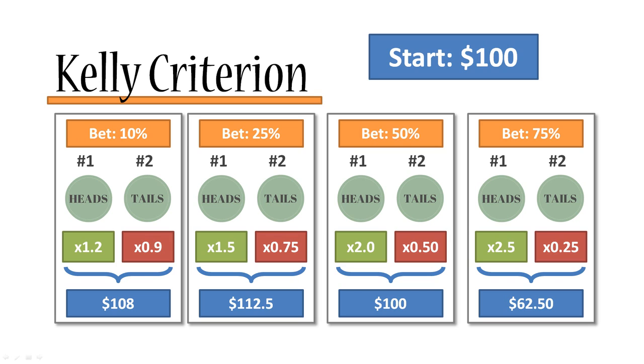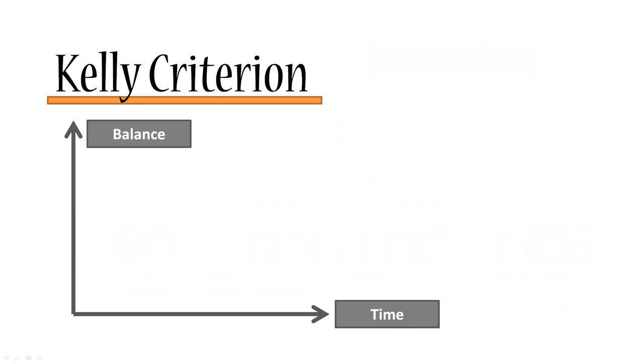And the chart we're going to use is the balance over time chart. So we want to see how our balance will change over time. And once again, we're going to use that concept that we discussed, that once we know the result for one pair of heads and tails, all that will happen in the long run is it will just get replicated over and over again, and that's the way our account balance will go.